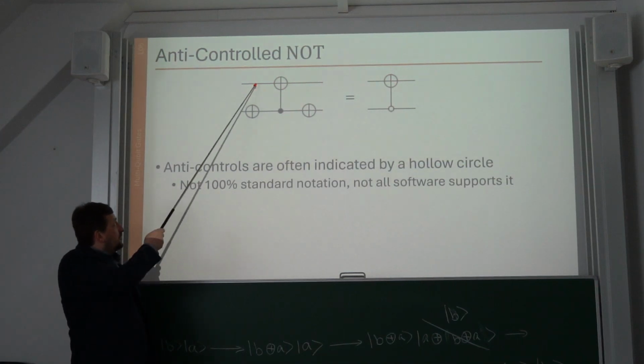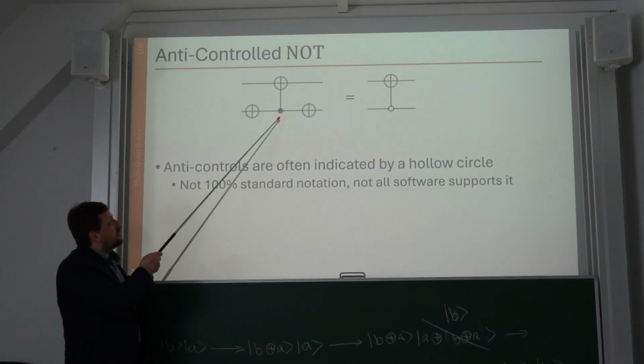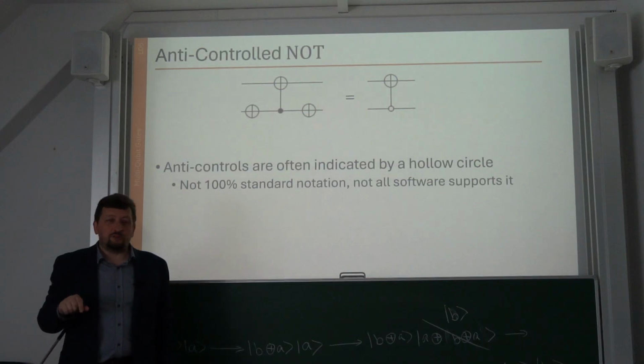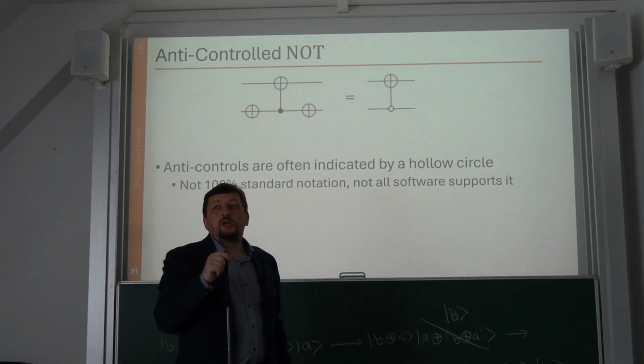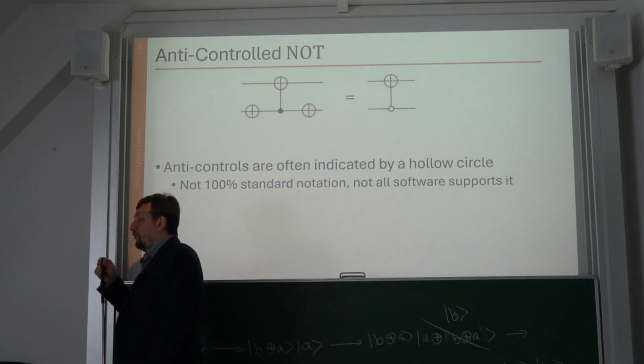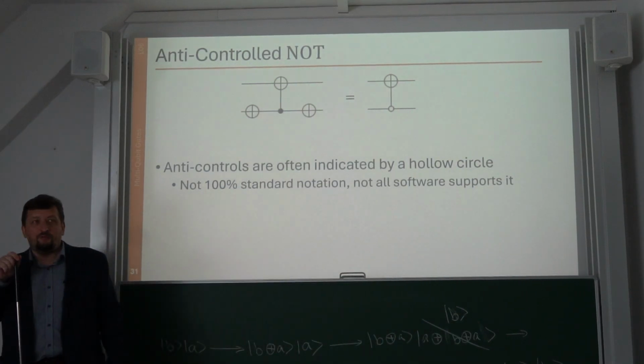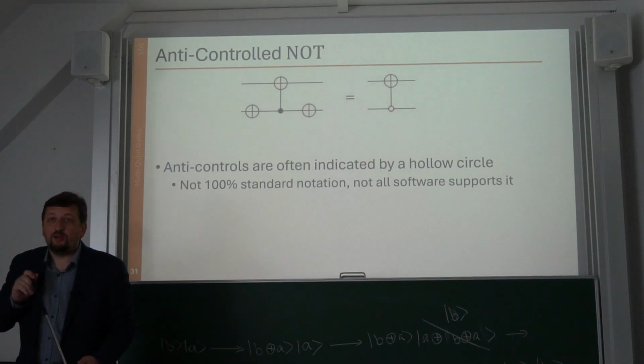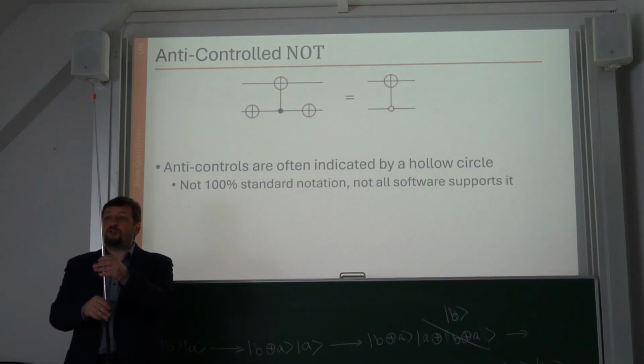But what is more important is that this sandwich illustrates how we can change the control condition. We have a control NOT gate, which applies the gate based on the state of a qubit.